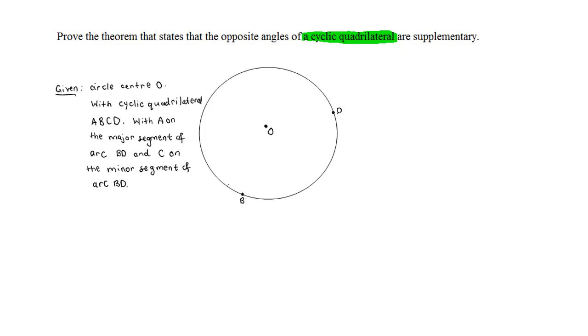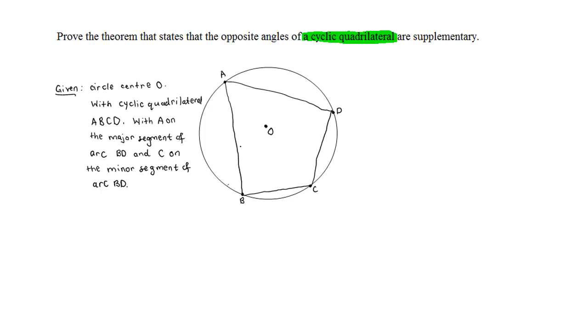On the major segment of this arc, I have some point A, and on the minor segment, I have some point C. Connecting all of these points will create a cyclic quadrilateral ABCD. Not the most beautiful cyclic quadrilateral that you've seen, but it will do.